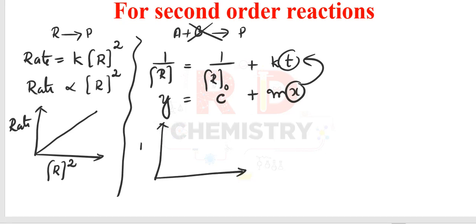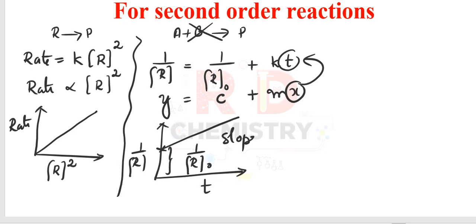So if I plot 1 by R concentration against the time interval t on the x-axis, I'll get a straight line, but not passing through the origin. The intercept is equal to 1 by R naught, and the slope will be equal to K directly.